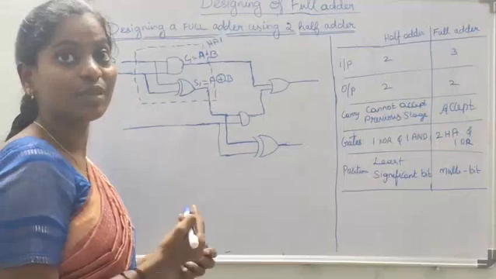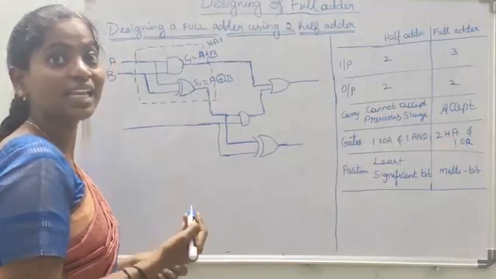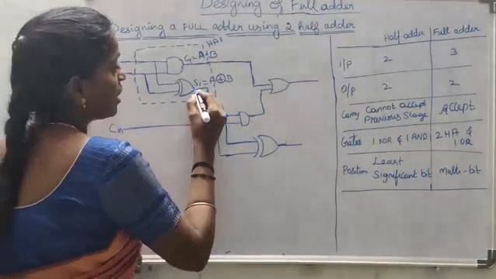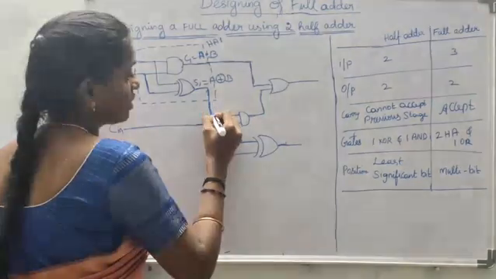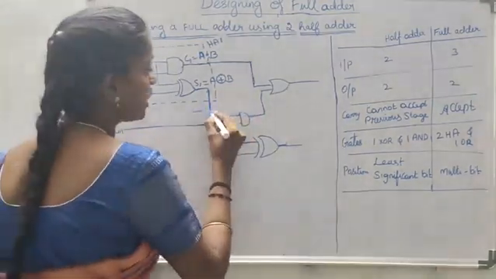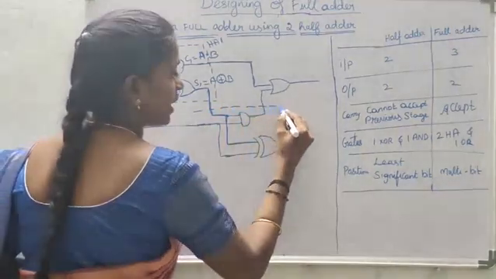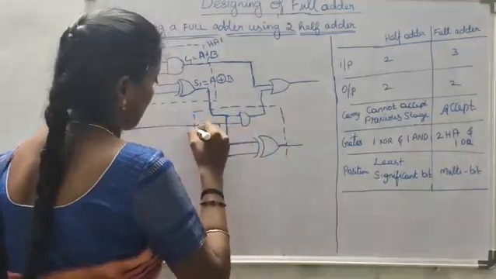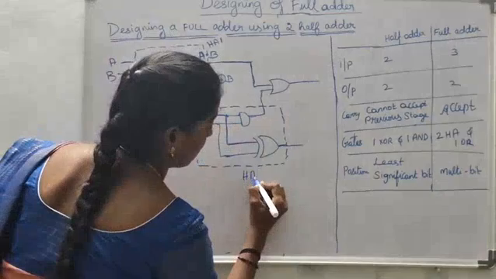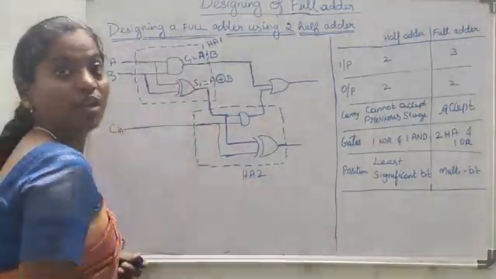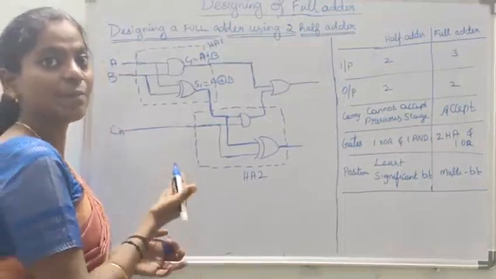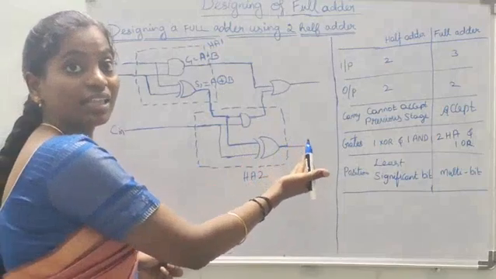Then next, the intermediate sum S1 and the carry input are given to the second half adder. The second half adder produces the final sum and another carry.